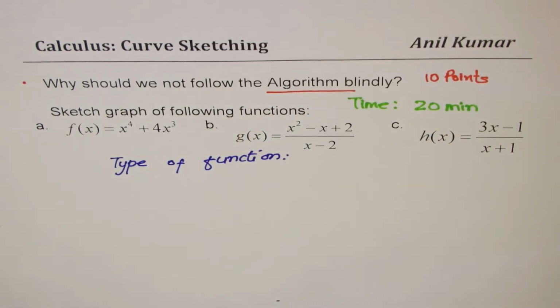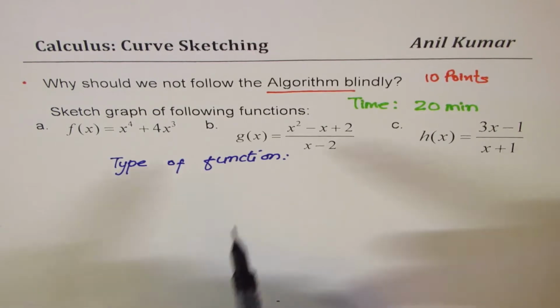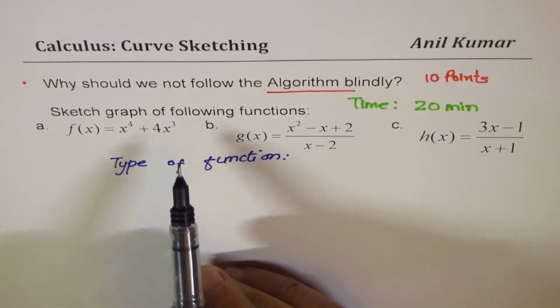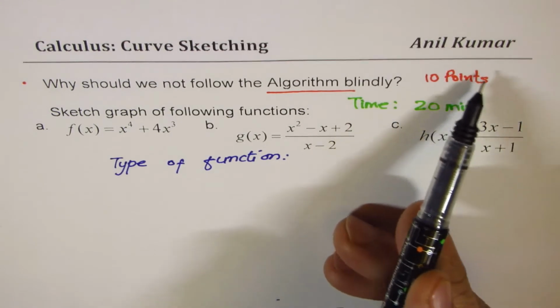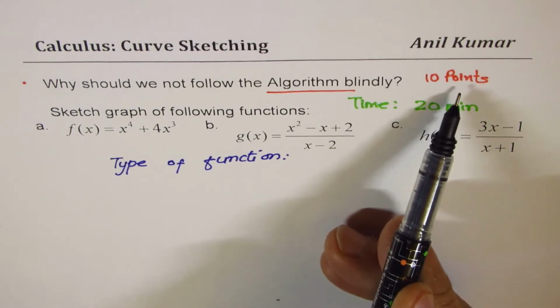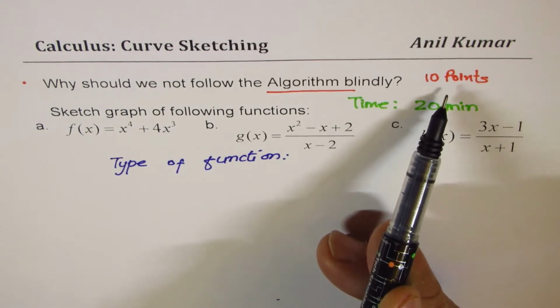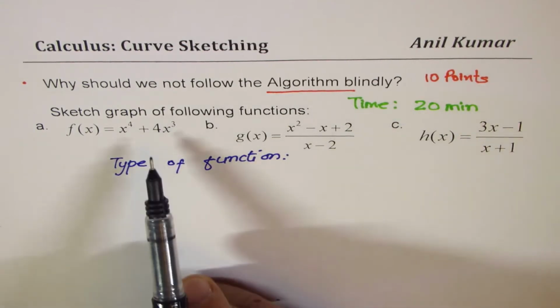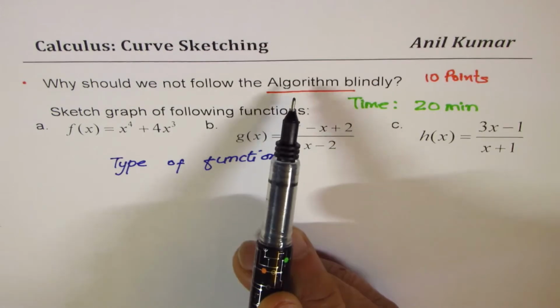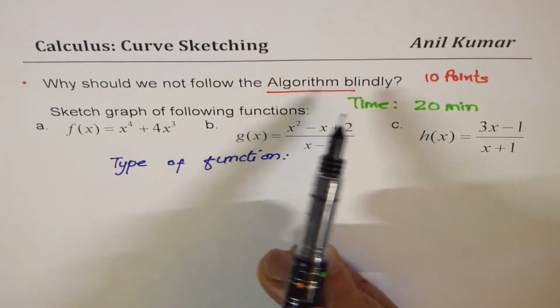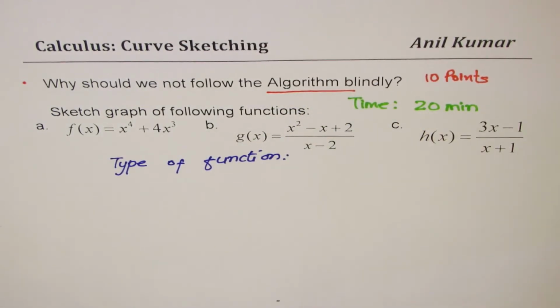So based on the type of function, we have to choose which of these 10 points you should work on. Do you understand? If you do that test before getting on with the algorithm as a whole, you are going to save a lot of time.